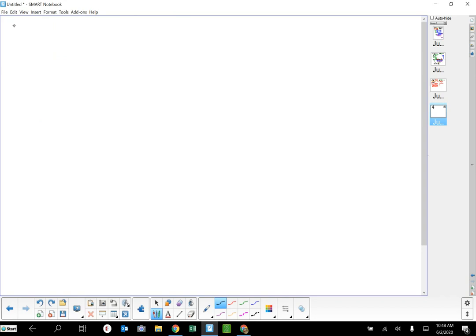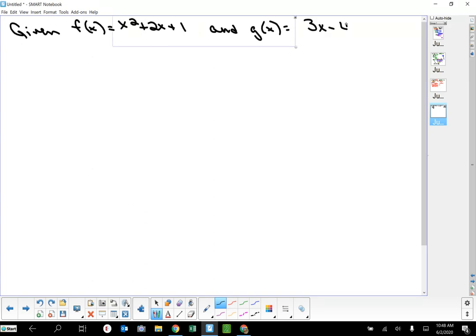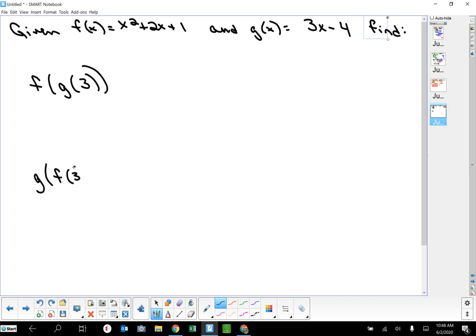I was going to copy and paste, thought I would save myself time, but given f of x equals x squared plus 2x plus 1 and g of x equals 3x minus 4. This time what you're going to find is f of g of 3, and then we're going to find g of f of 3.